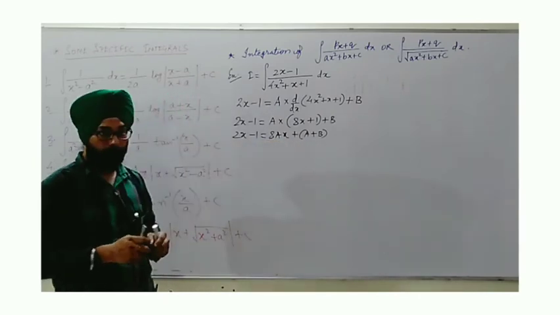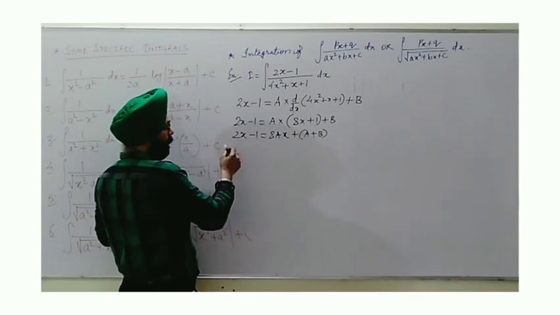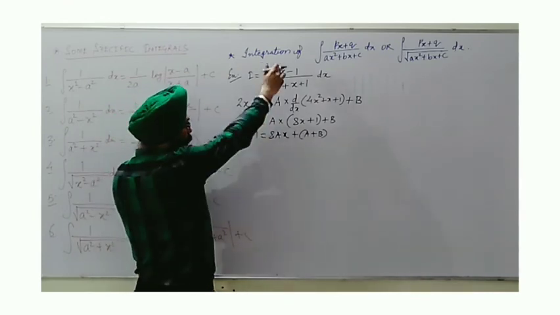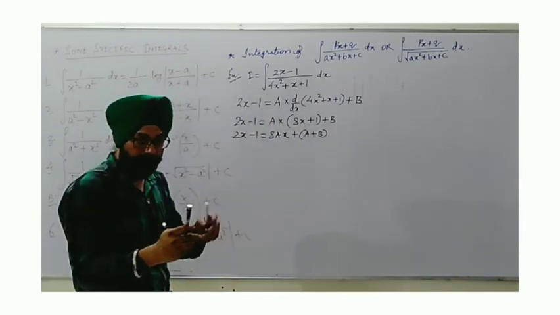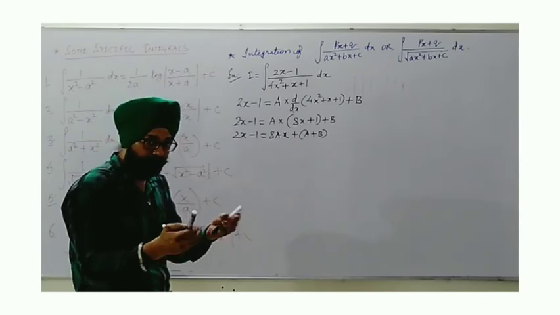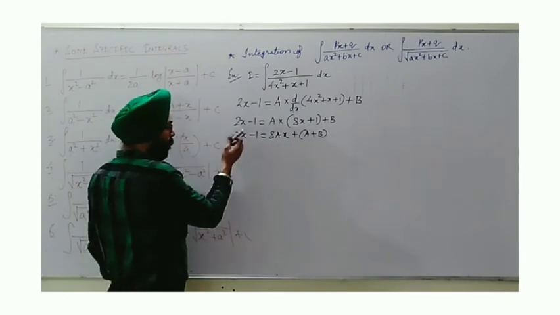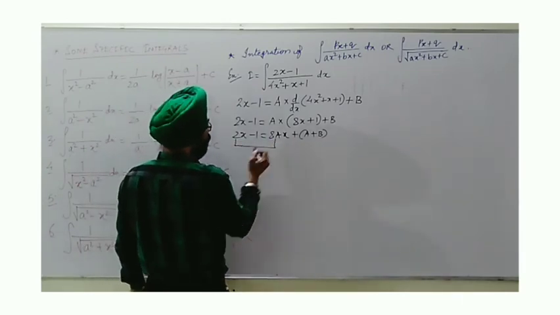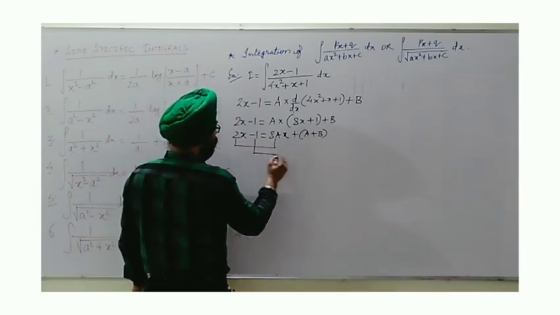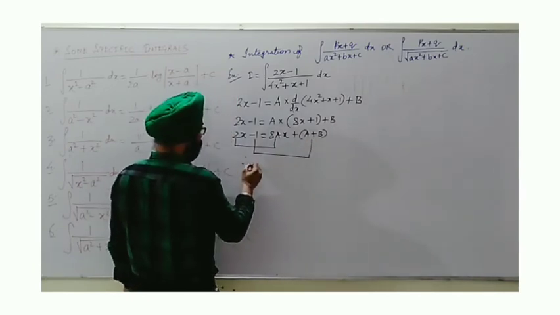Now just compare both sides. These two are identically equal. Actually, I want to split up the linear polynomial of the numerator. That's why I have taken this whole equal to 2x minus 1. Now, by comparison, 2 becomes equal to 8a, and minus 1 is equal to a plus b.